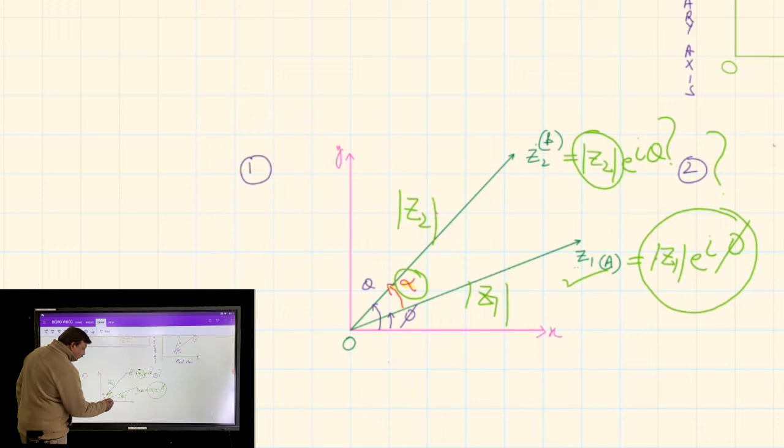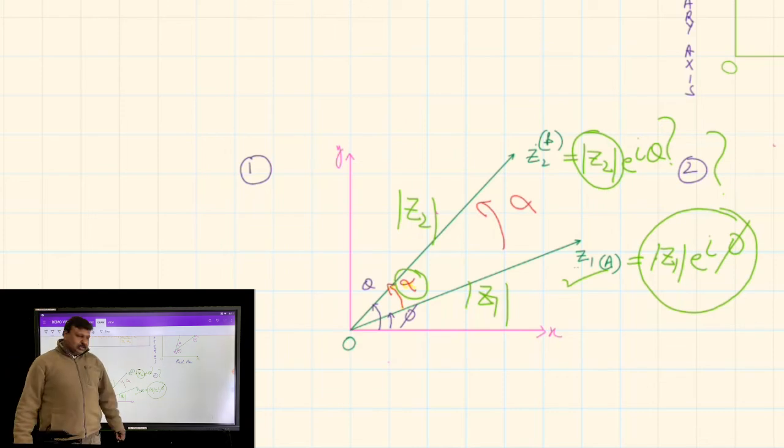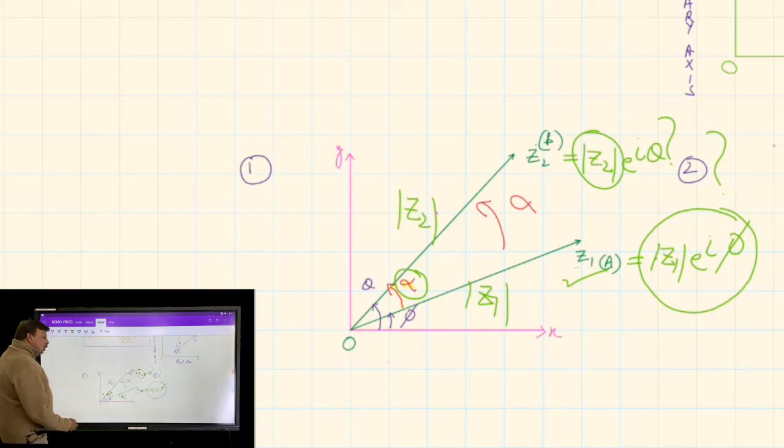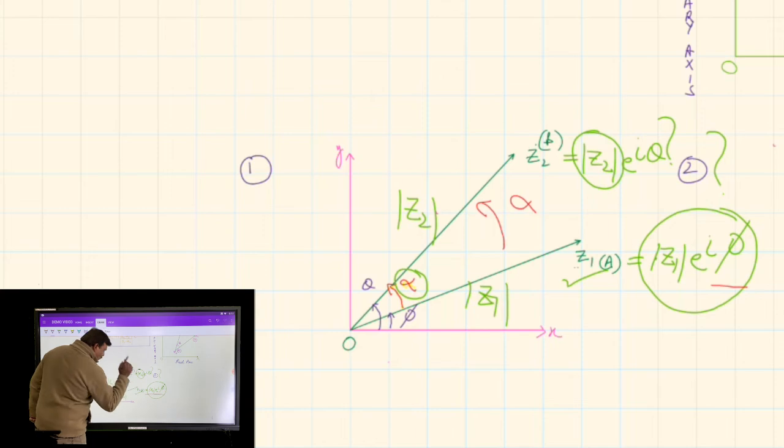Now, what I am trying to do is rotate this Z1 vector by an angle of alpha in the anti-clockwise direction. Okay, students. Now, given that we know this complex number and this modulus, can we arrive at the actual Z2?